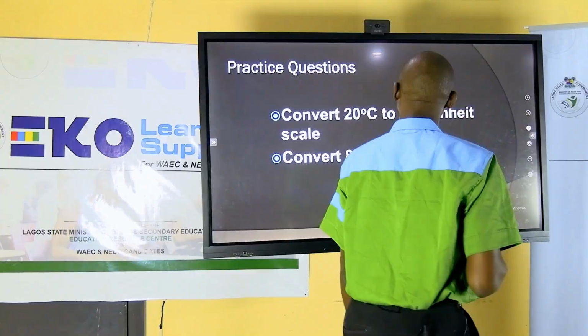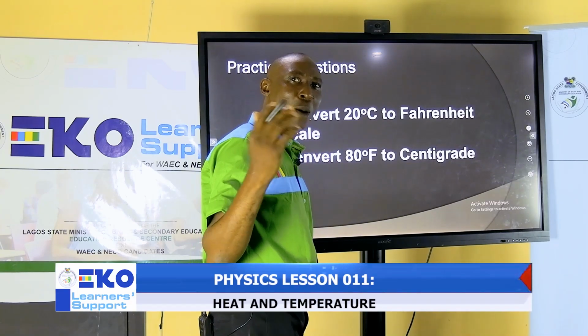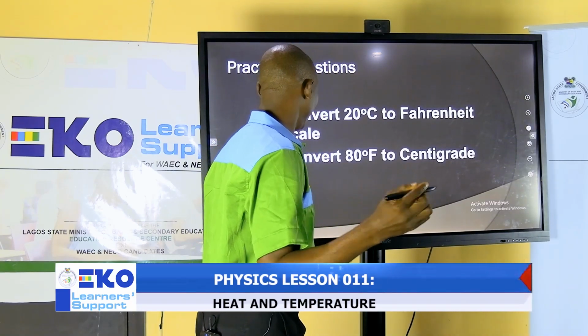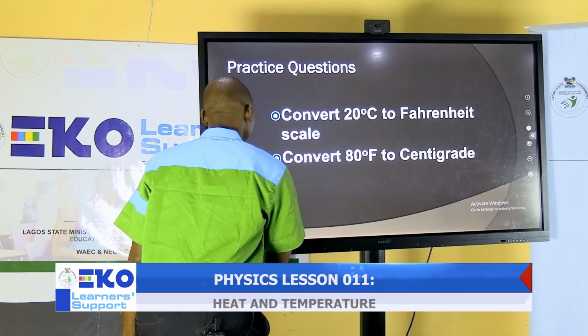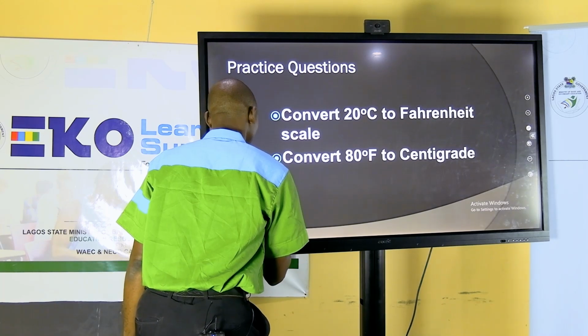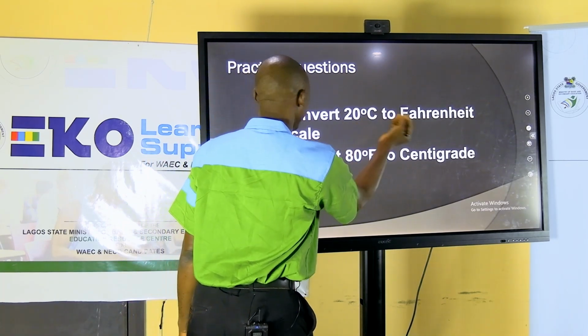Convert 20 degrees centigrade to Fahrenheit. Like I said, you only need to get the two boundaries, which are upper fixed point and lower fixed point of the two. Let's go ahead. I have my two boundaries, because I'm working between centigrade and Fahrenheit.